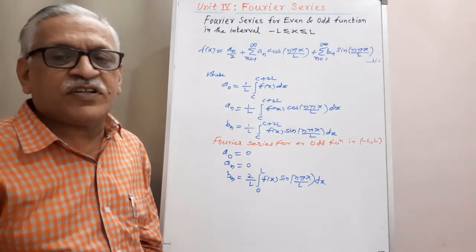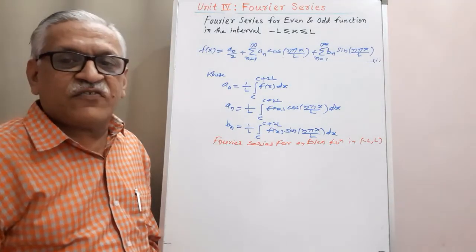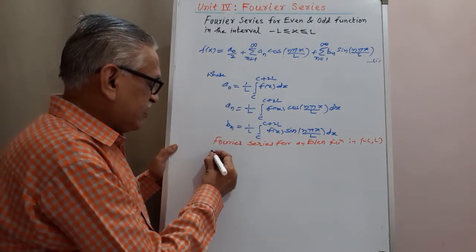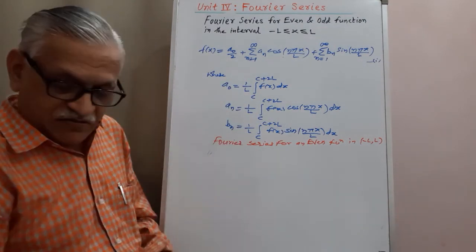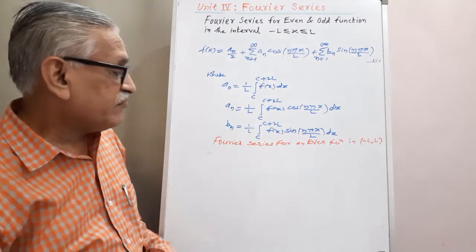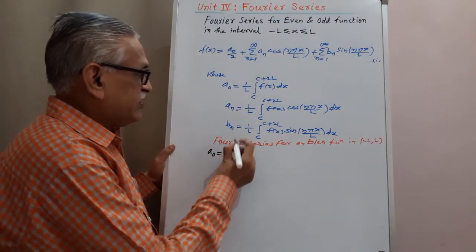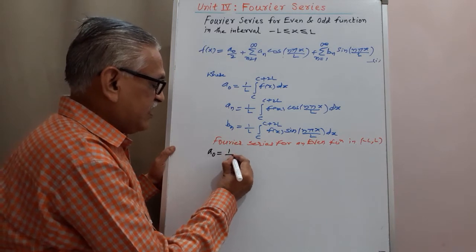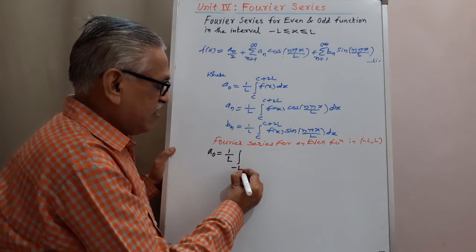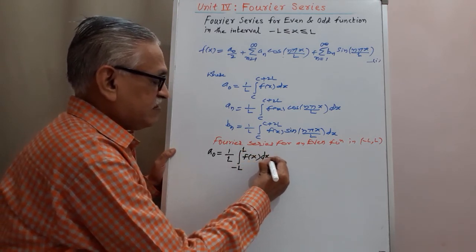Similarly, we try to find the Fourier series for an even function. If the given function is an even function in the interval minus L to L, then once again we try to find the value of A0. It is 1 by L, the value of L is L, lower limit C is minus L, upper limit is L, f of x dx.